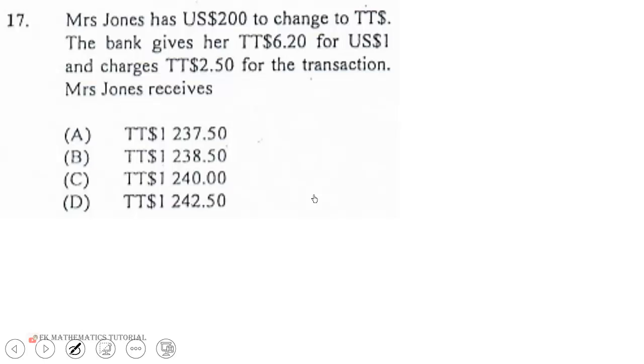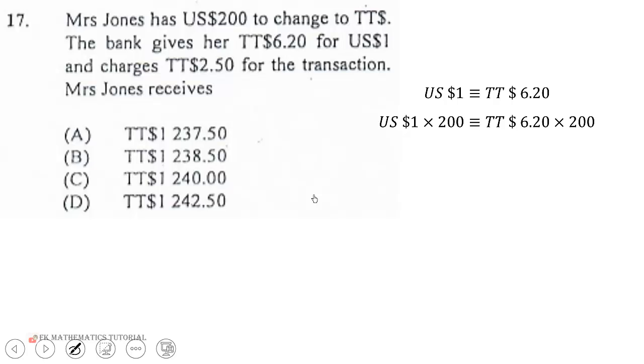Mrs. Jones has 200 US dollars to change to Trinidad and Tobago dollars. The bank gives her 6.2 Trinidad dollars for 1 US dollar and charges 2.5 for the transaction. So we have the rate: 1 US dollar is equivalent to 6.2 Trinidad dollars.